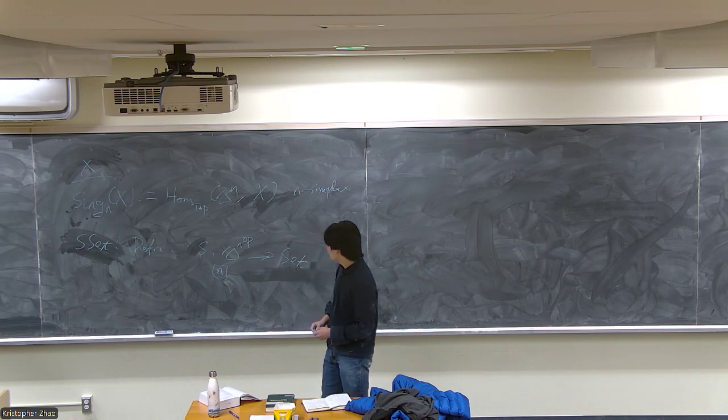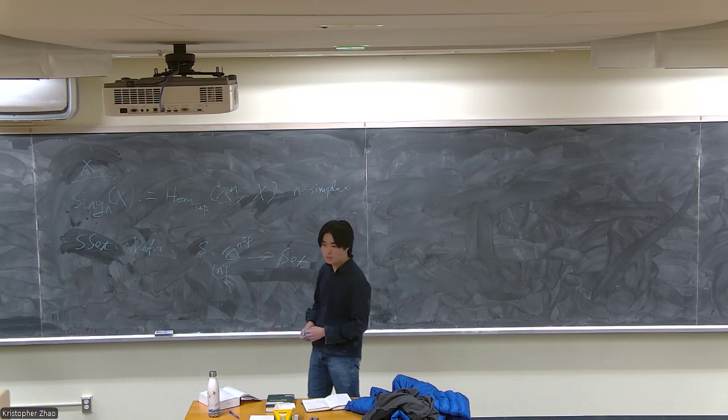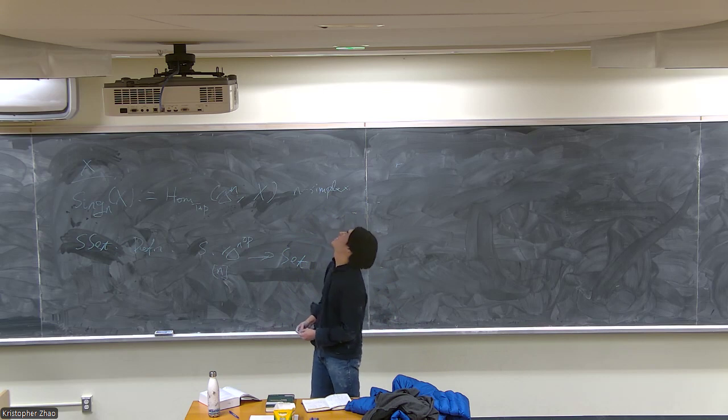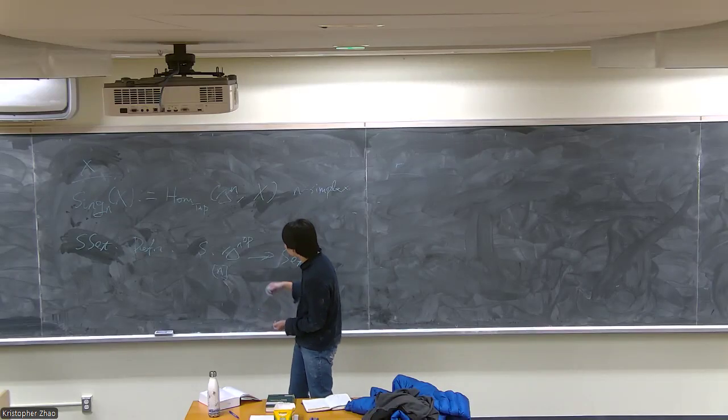Wait, what did I miss? Your category delta n is just natural numbers with linearly ordered pairs. You're supposed to consider finite ordered sets, where the morphisms are non-decreasing. Ah, right. There are much more.